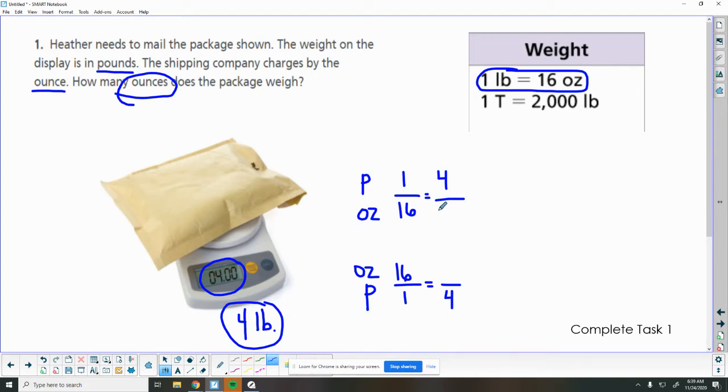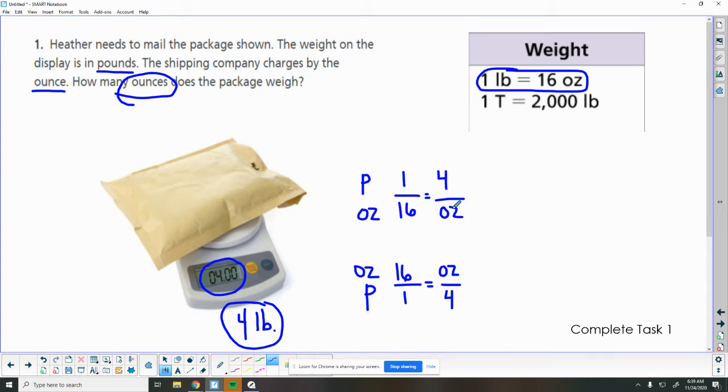And now we're looking for the ounces. If you'll remember from module 5, we're going to rewrite these equations so that we can get ounces by itself.